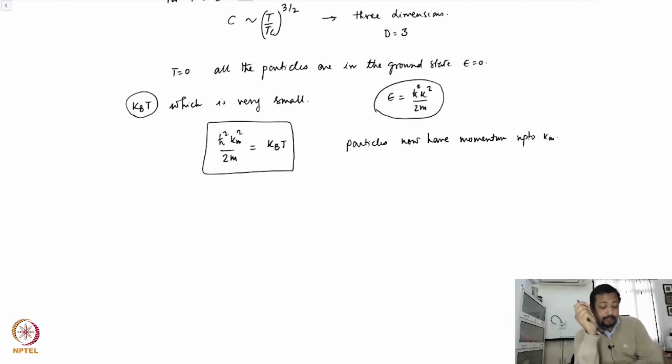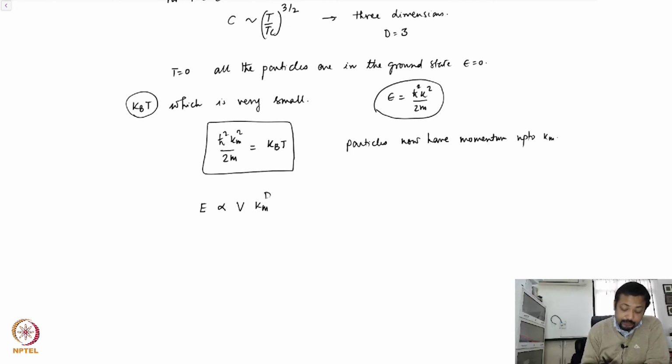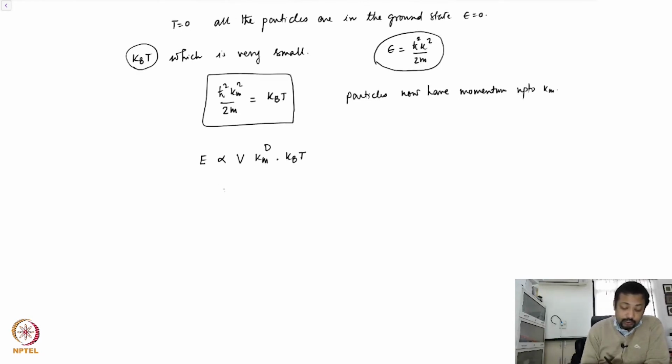Now each of these particles which are now excited will carry an energy kBT, so that the total energy of the system now goes proportional to V km raised to the power d times kBT, which becomes V kBT raised to the power d by 2 plus 1.